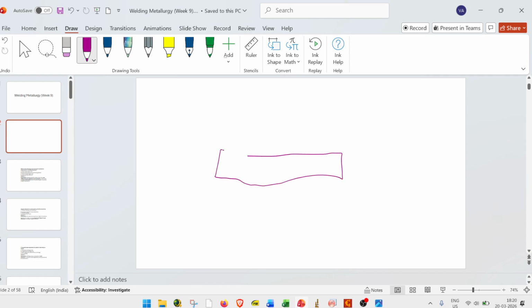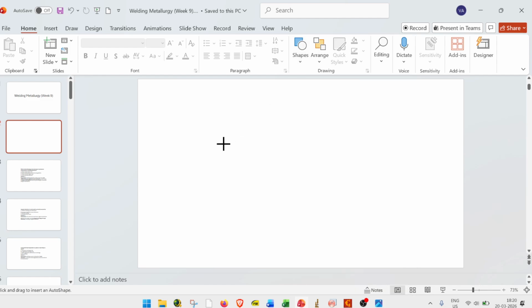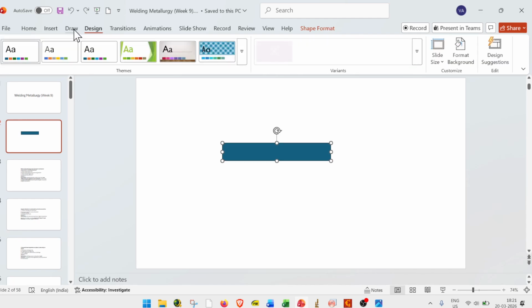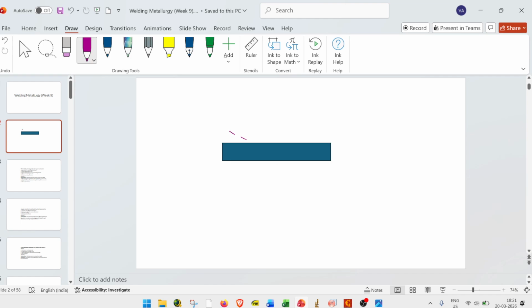ideally we want the weld bead to appear this way, but once the welding parameters or conditions are not appropriate, then the weld bead, instead of looking this way, will look like this way.